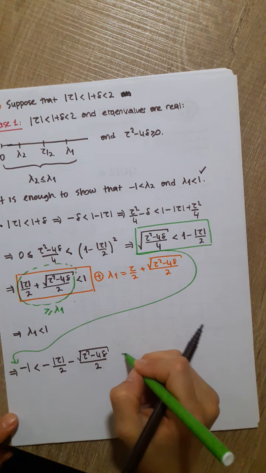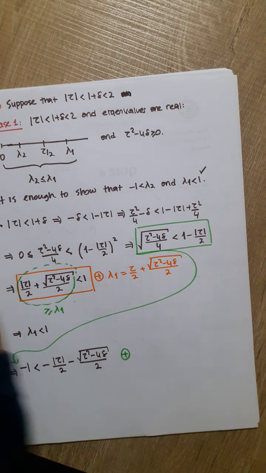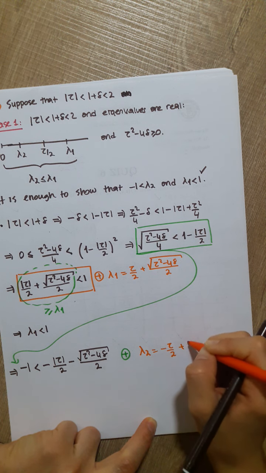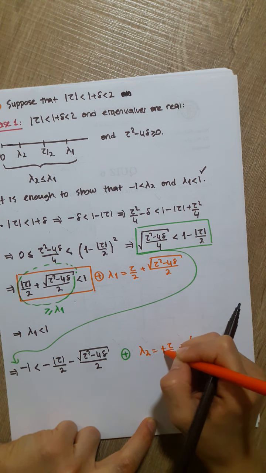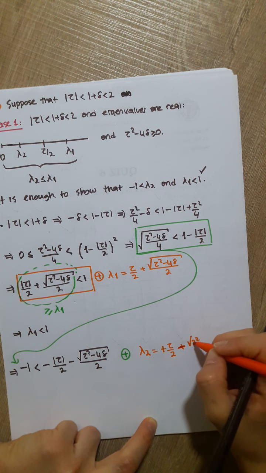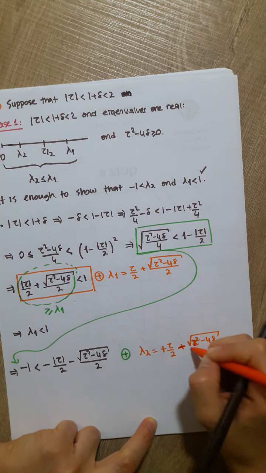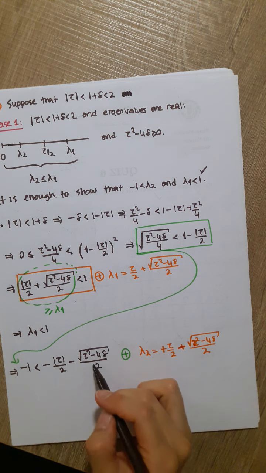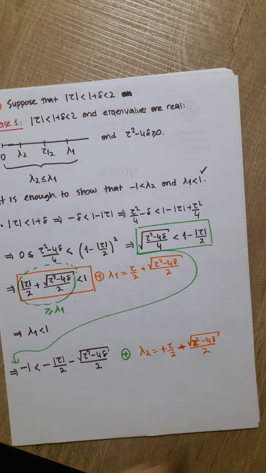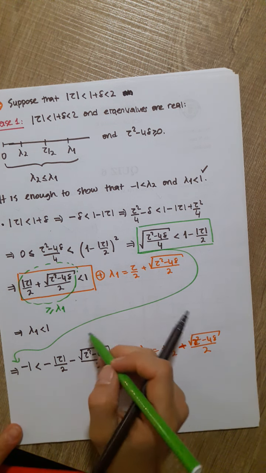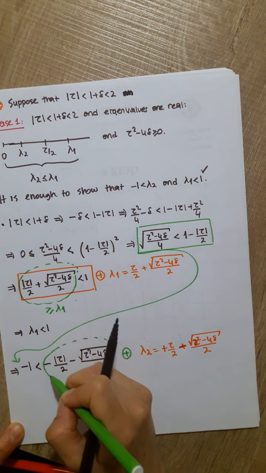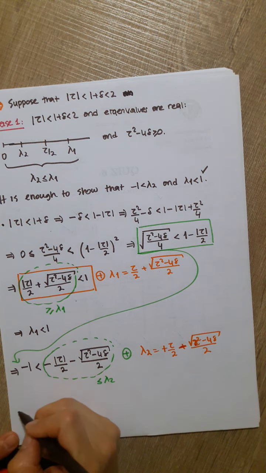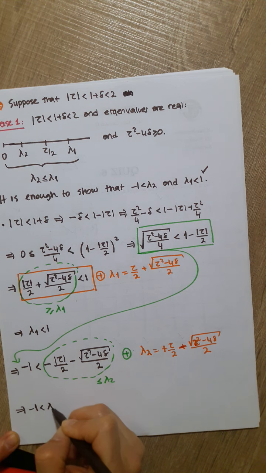And again, lambda 2 is tau over 2 minus square root of tau squared minus 4 delta over 2. So this is less than or equal to lambda 2, this part. As a result, minus 1 is less than lambda 2.